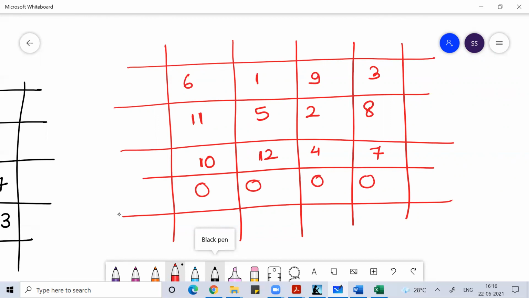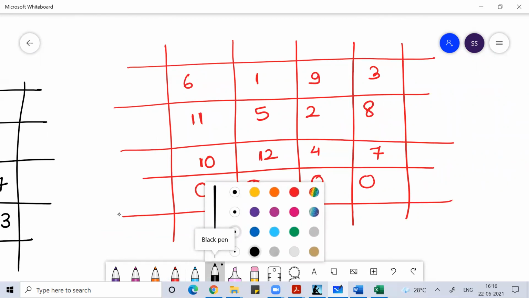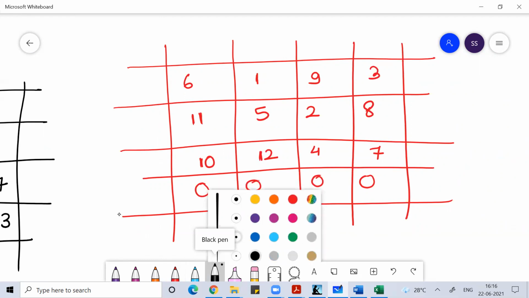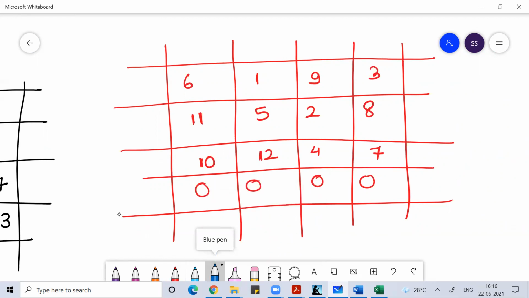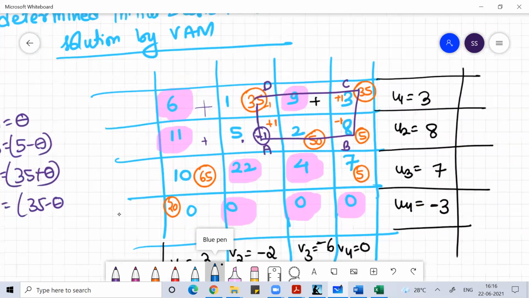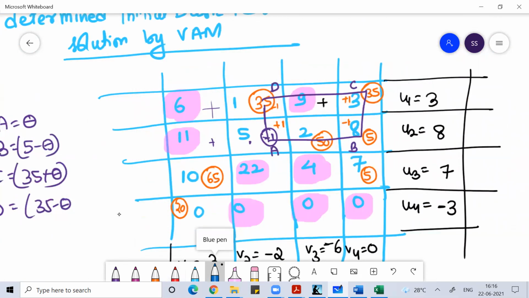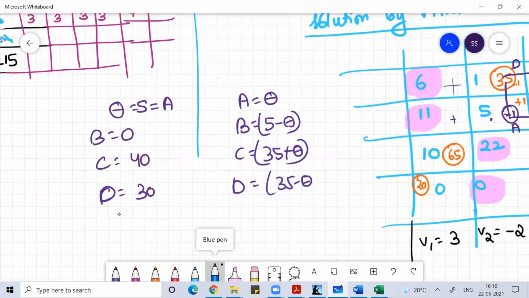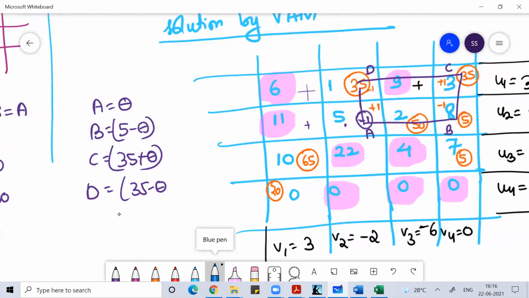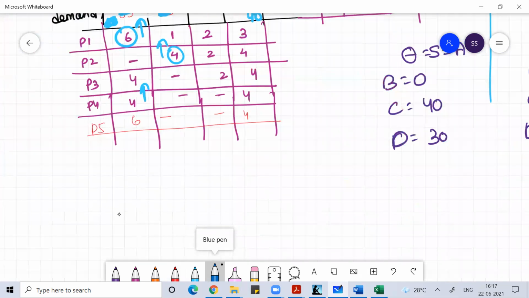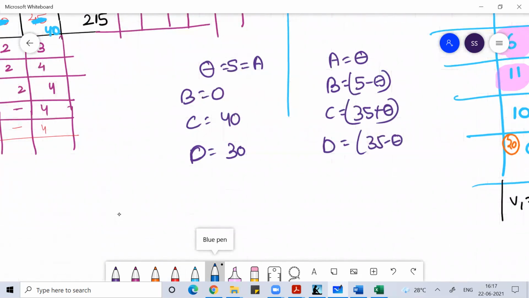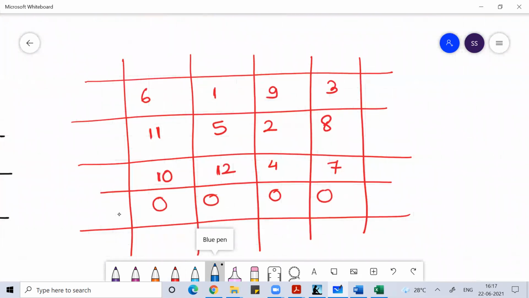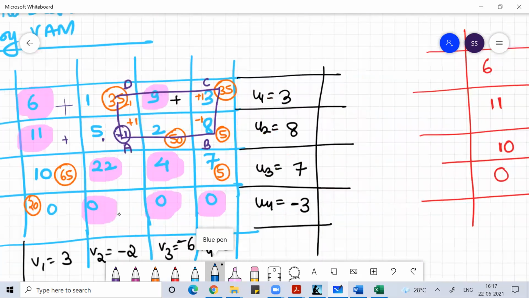Okay, so if I see the allocation, 35 becomes 40. So D is 30, C is 40, D is 30.